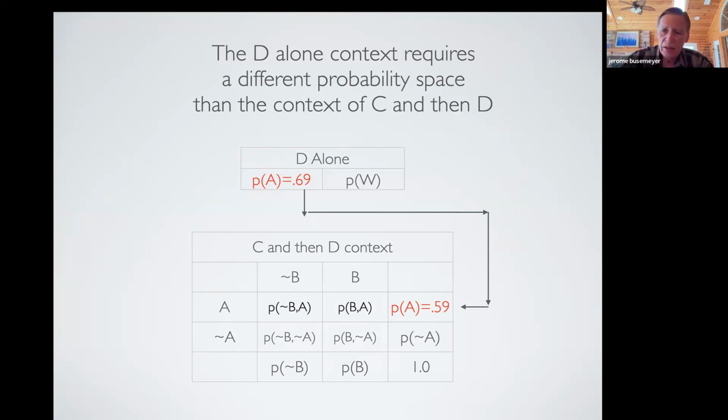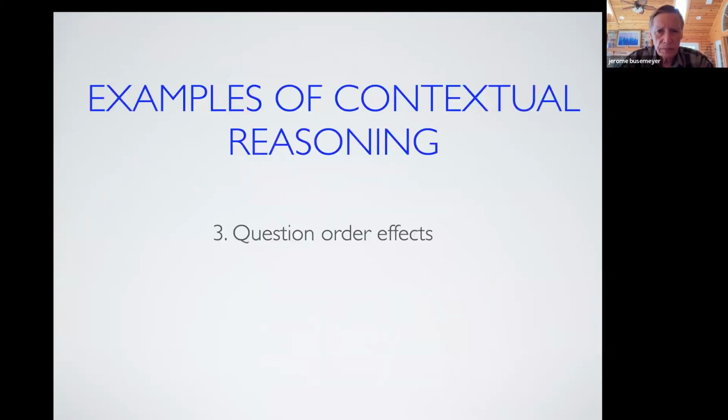And so, whether we ask the question alone versus ask the question in the context of categorization, we get different distributions. So this is another example where our reasoning seems to be contextual. It depends on the context of the questions. How we're thinking about attacking depends on whether you first categorize or not.